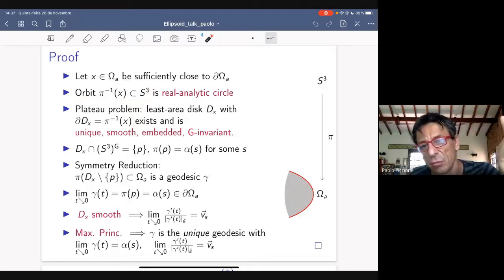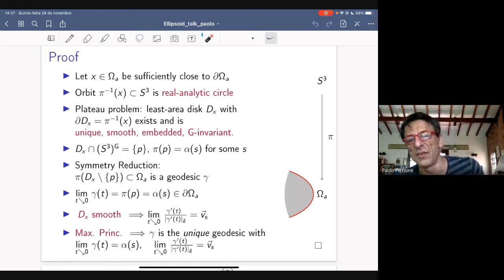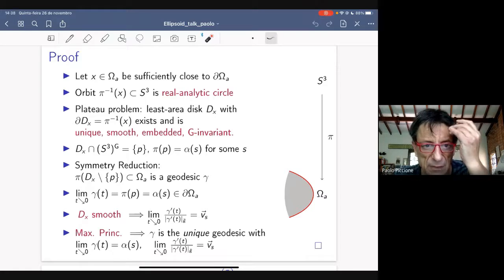This is a circle because this is not a point in the boundary. So this is a regular orbit. It's a circle. And if this point is very close to the boundary, then this circle is small, okay? And so you have existence and uniqueness of a minimal disk, which is bounded by this circle in the ellipsoid, okay?